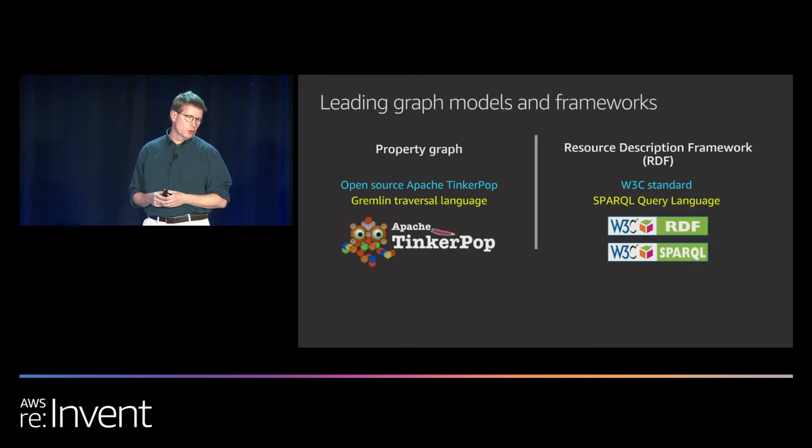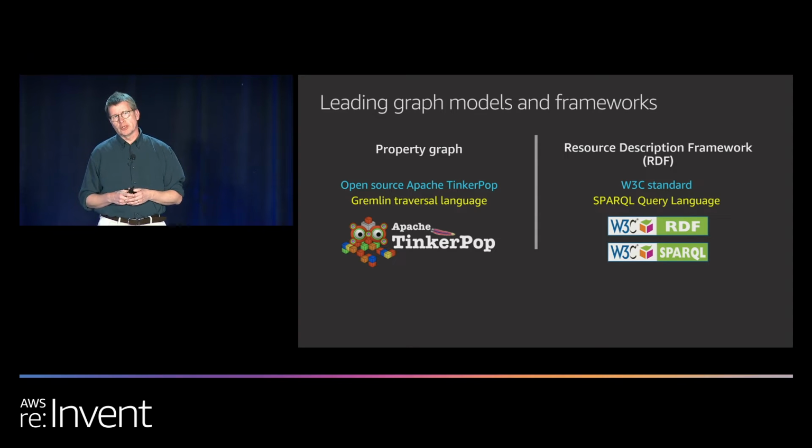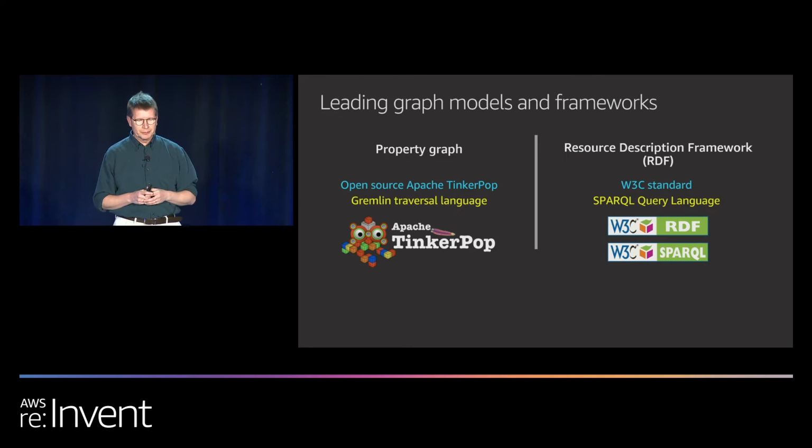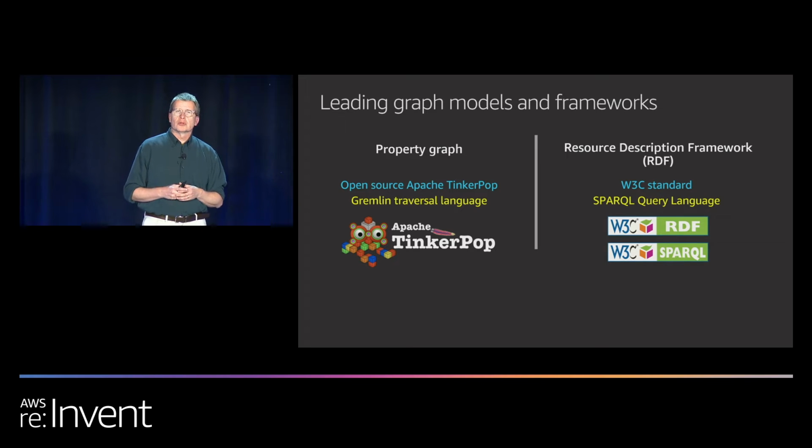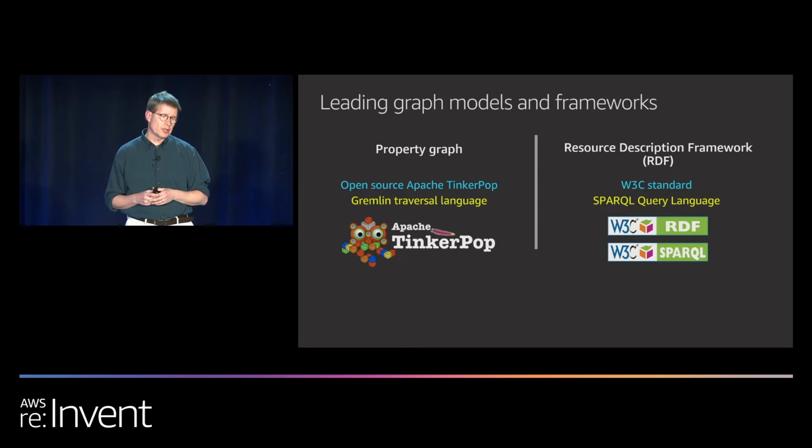In our case, we support the Apache TinkerPop API and the Gremlin traversal language. Some people say query language. I tend to think of it as a scripting language for traversing graphs. And a number of open source projects and vendors support this API and the language.